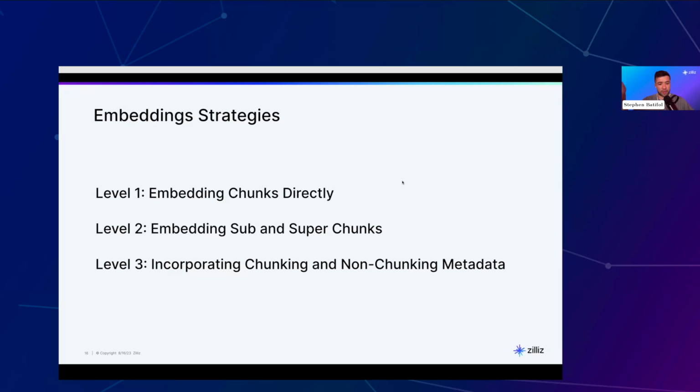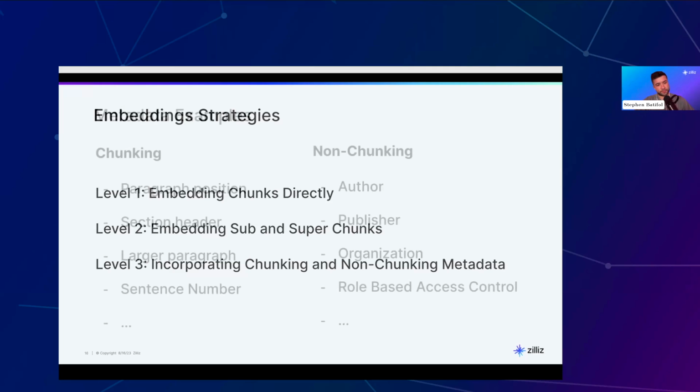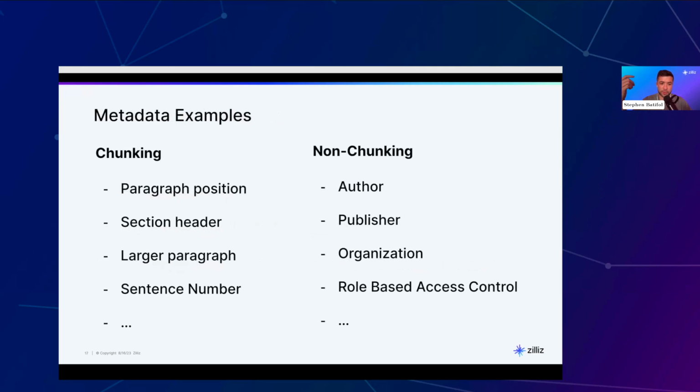And then the other level is incorporating chunking and non-chunking metadata. You can have metadata that is all about the author and everything, and that can be very important to be able to understand your data. As examples of different metadata, for chunking metadata you have paragraph position, section header.